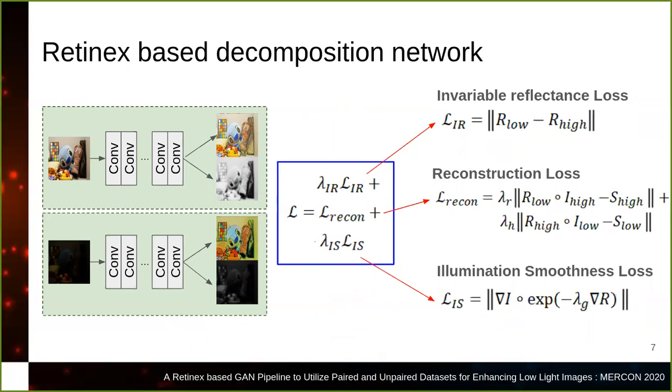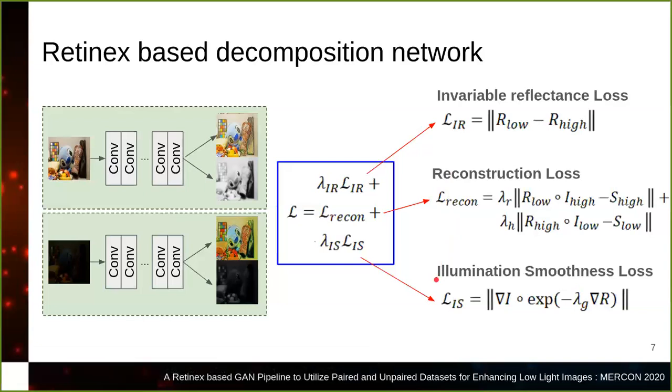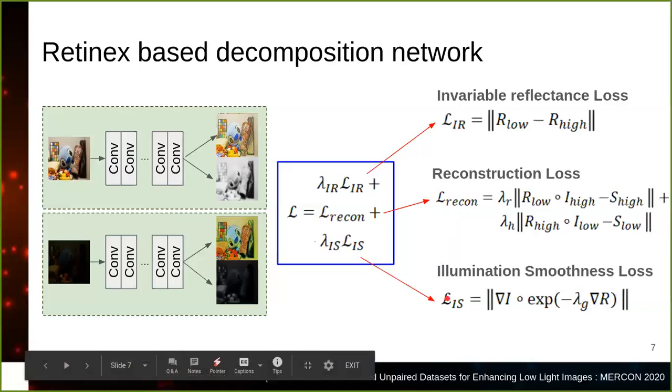For that, we use a Retinex based decomposition network, where we optimize the network to do three things: keep the reflectance map for the low lit image and the corresponding well lit image as close as possible; be able to generate the original image from the reflectance and the illumination maps as much as possible; and keep the illumination map smooth, because you can't have sharp edges in the lighting distribution. The objects you can have, but the light you can't.